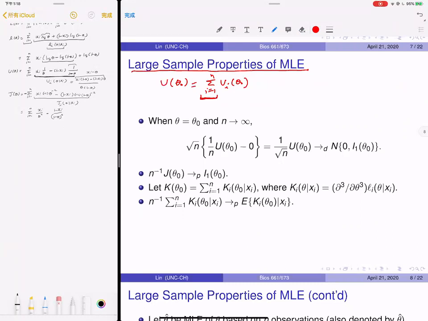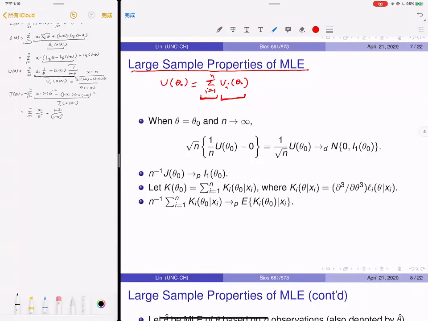This U_i(theta) is nothing but a function of x_i. U_i itself is also a random variable. If we look at U(theta), you could imagine it's nothing but a summation, i from 1 to n, of X_i, for example. If you do so, then I can freely use what? The central limit theorem of the X bars.